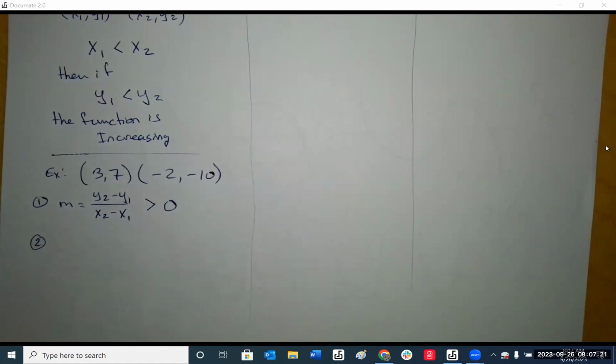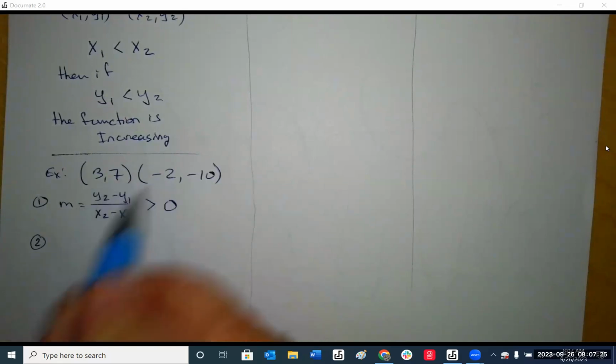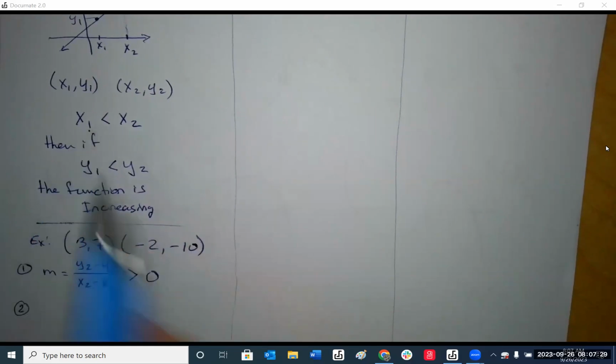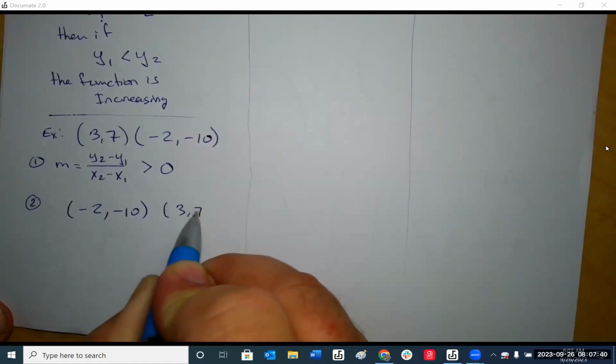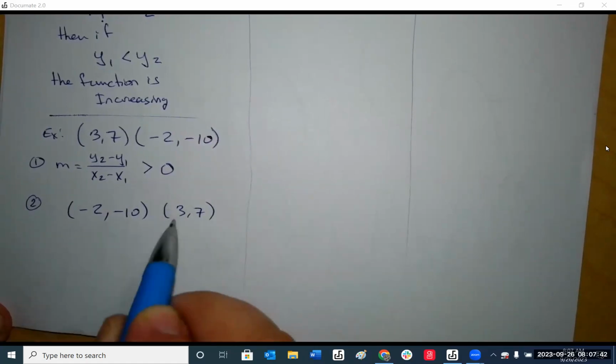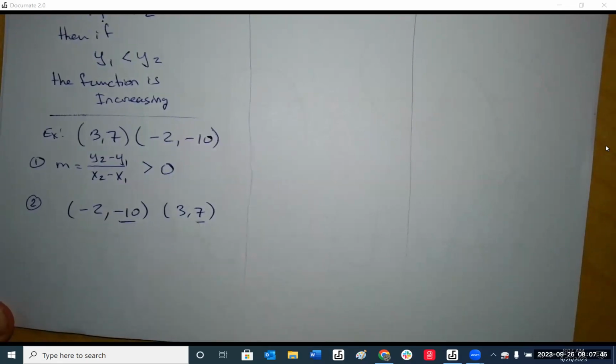Another method is to rearrange them. Here's our 2 points. Remember what I said earlier, that x1 has to be less than x2. Is x1 less than x2? No. So let's rewrite them. x1 is now less than x2. All you do now is compare the y values.